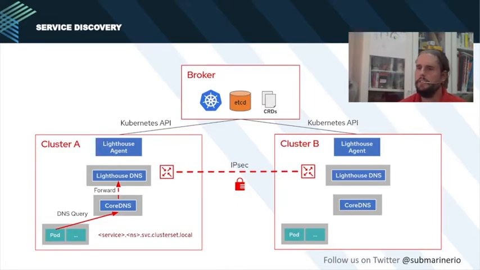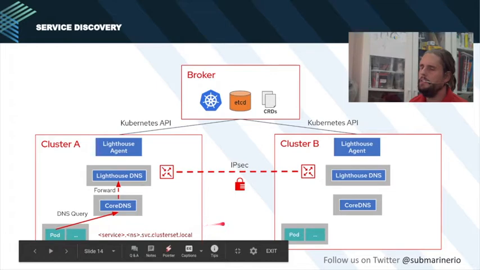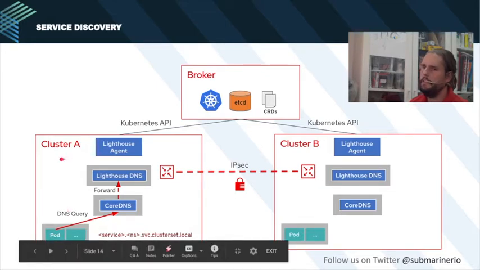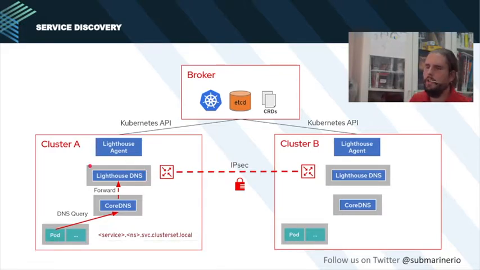Then the Lighthouse DNS plugin will be responsible for resolving any DNS queries. So we go to the main DNS service of the cluster, and we add an entry saying that any clusterset.local request has to be resolved by our DNS server, and then that DNS server will resolve that locally.